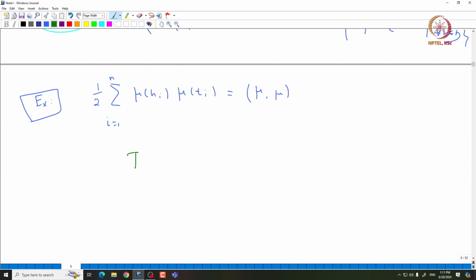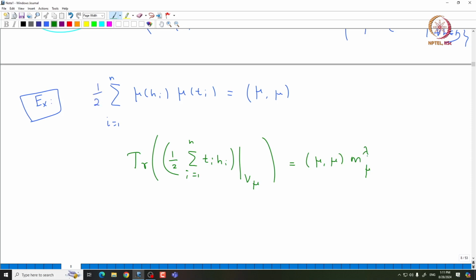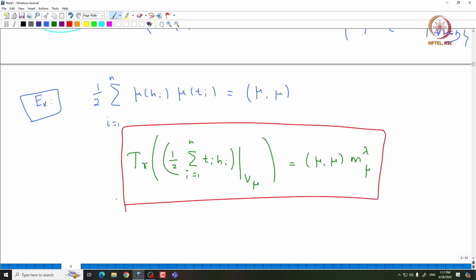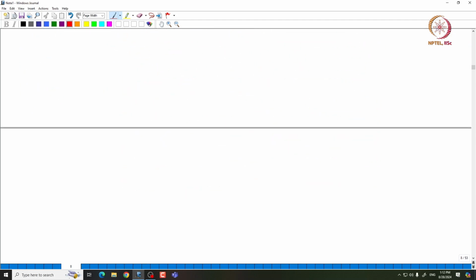The trace of this operator, summation T_i h_i with i ranging from 1 to n, restricted to V mu, is exactly (mu, mu) times the multiplicity of mu in V lambda, which is the dimension of that space V mu. So the first summand gives you this trace. Now let us look at the second one. Let us call this lemma 2.